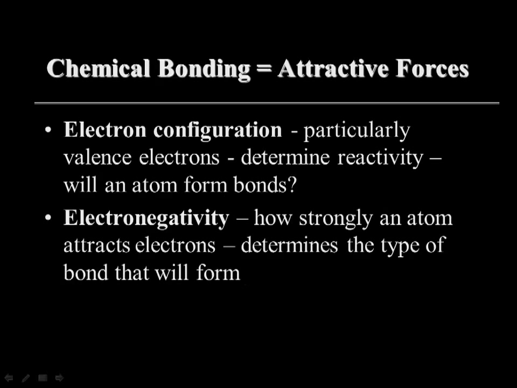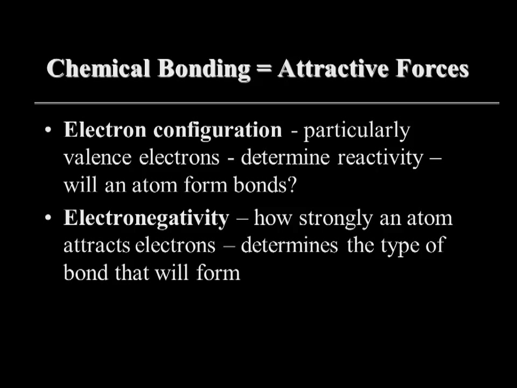So when we look at chemical bonding, we really need to start talking about attractive forces. We studied electronegativity a little bit, and the trends of electronegativity on the periodic table. But going back to those concepts of electronegativity and electron configuration, these are really the driving forces behind bonding.